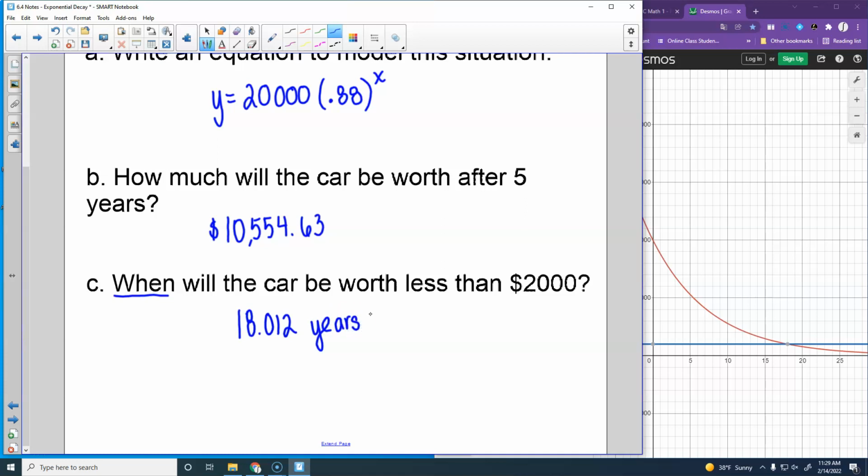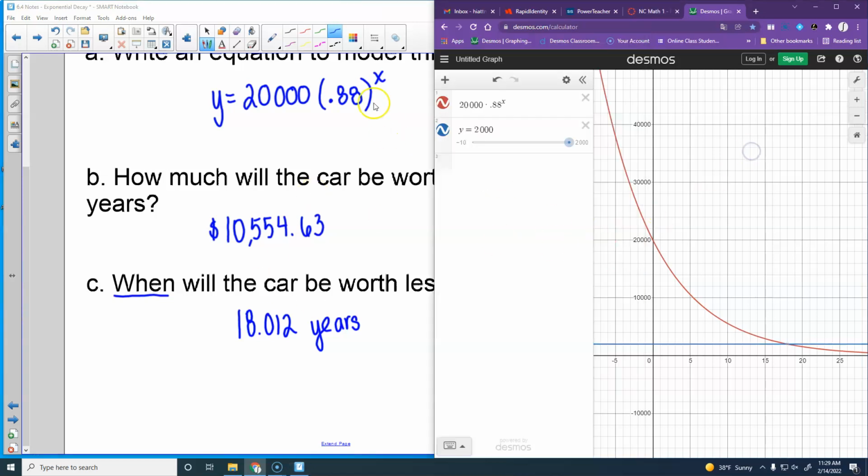So you're still losing money at the same percent. It's just not as much money, right? So if you think about what's happening here, it took about 5 years for the car to be worth half. If we did 5,000, it takes 10.84 years, so almost 11 years. So it took 6 years for it to cut in half again.